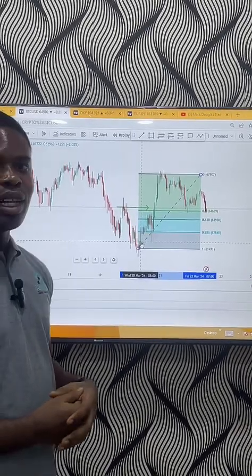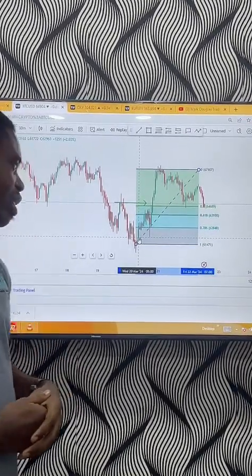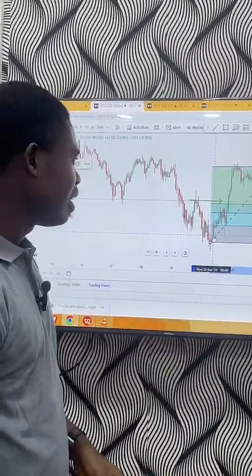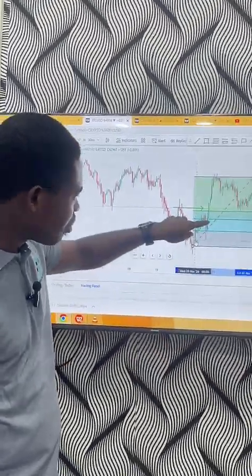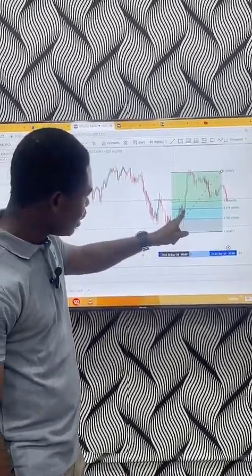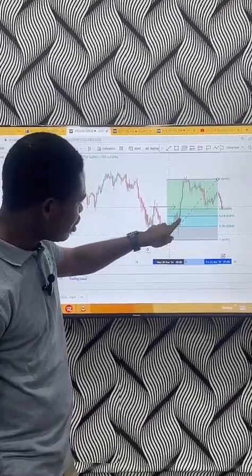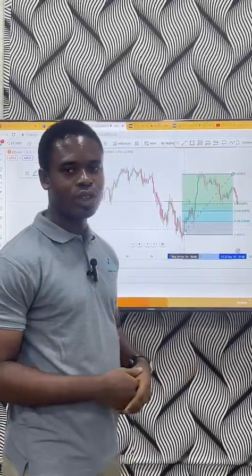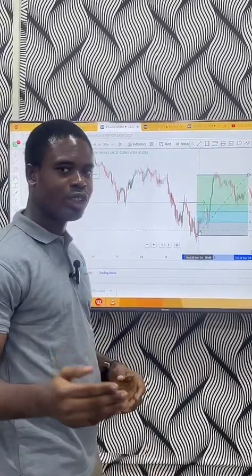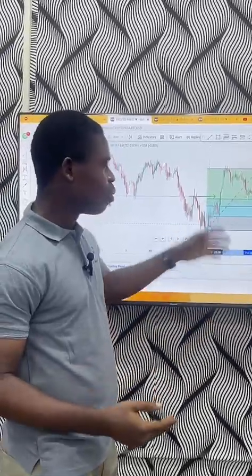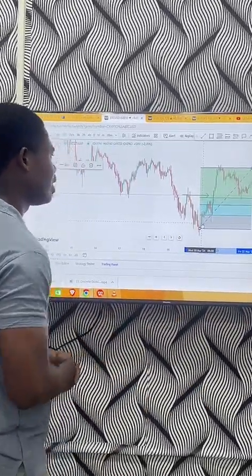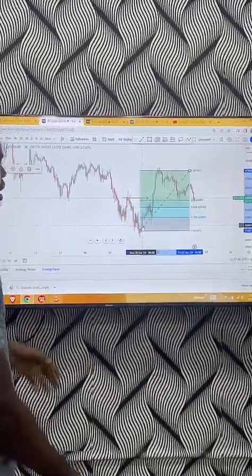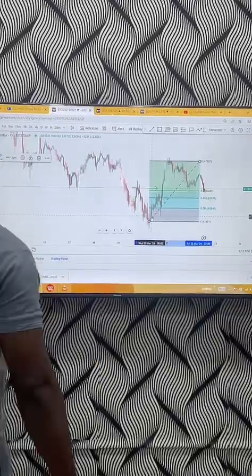Imbalance is a kind of inefficiency in the market, when we have many more buyers than sellers or many more sellers than buyers. In this case, there's a gap here. You can see that this week didn't fill this week, so that means there's an imbalance here. If you want to know more about it, just keep following us on YouTube, on TikTok, so you know more about Forex insights. So you can see price retraced to somewhere here before buying further, because that is a discount zone.